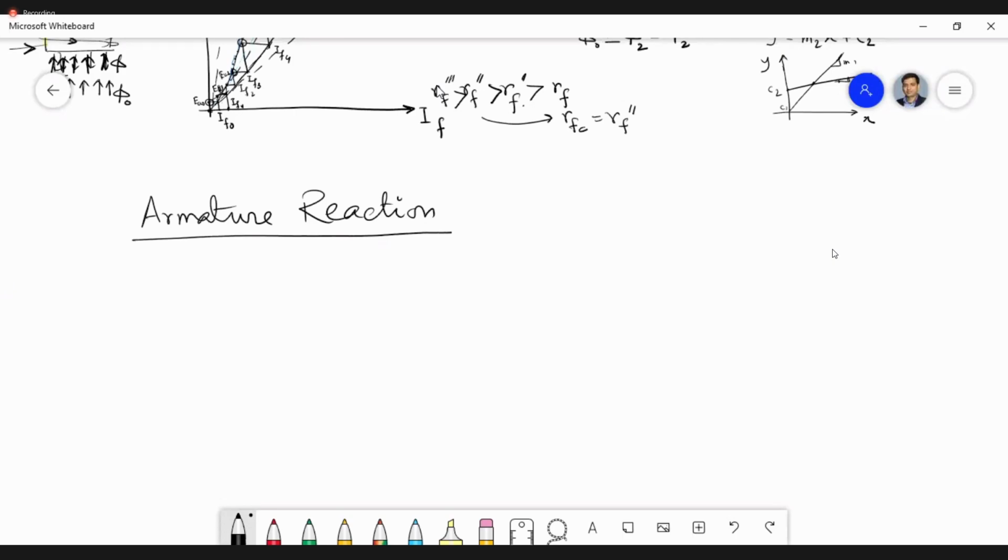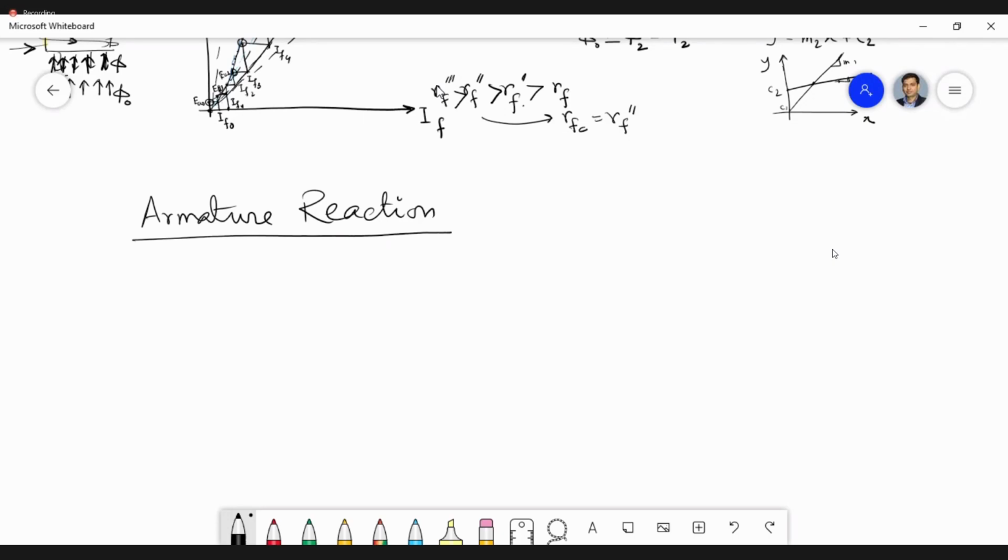One excitation we apply in the field, another excitation we apply in the armature, because we have two windings: one is called the armature winding, another is called the field winding.